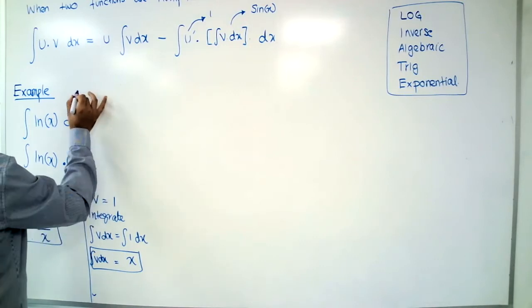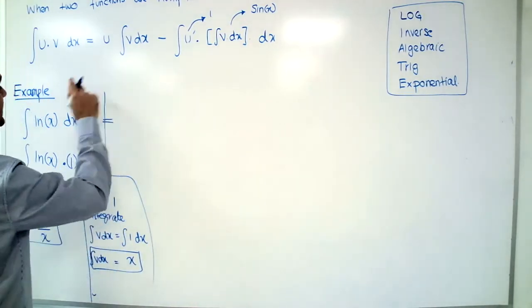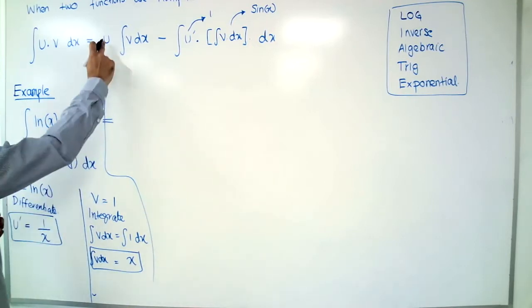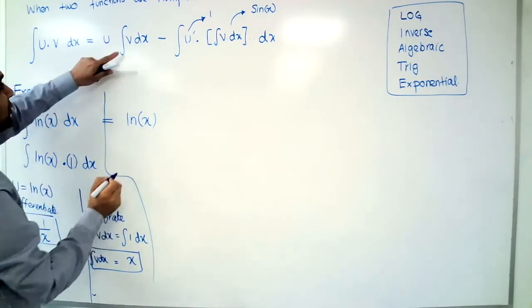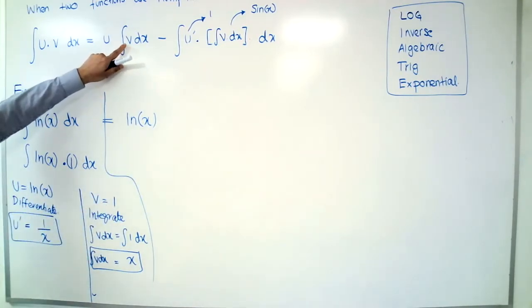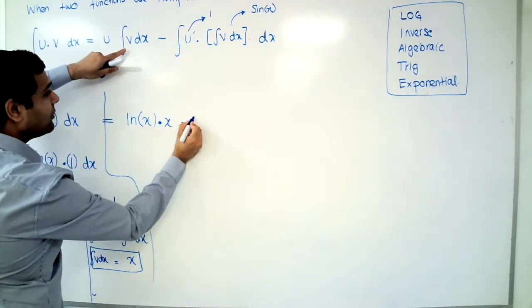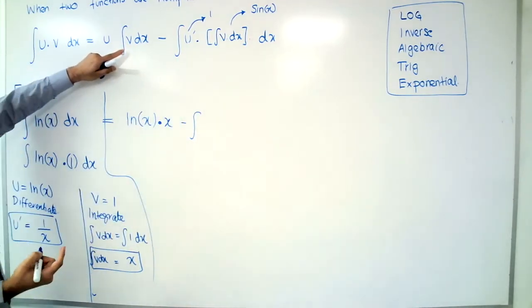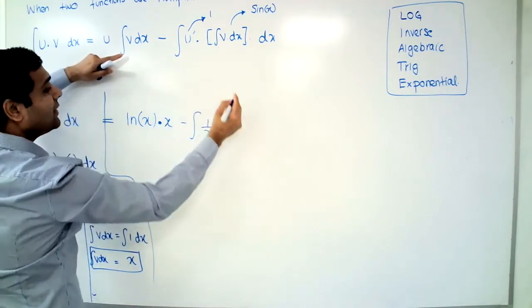Let's cross this line. So let's say this is there and I'm starting from here. u is ln x. What's the integration of v? So I'm going to put dot x minus, what's the u dash? 1 over x. What's this thing? x.